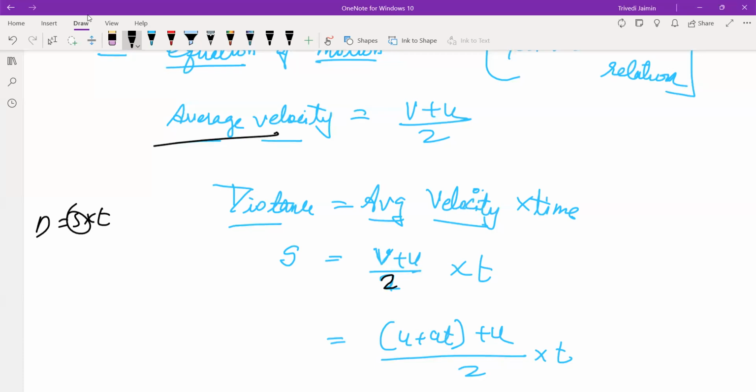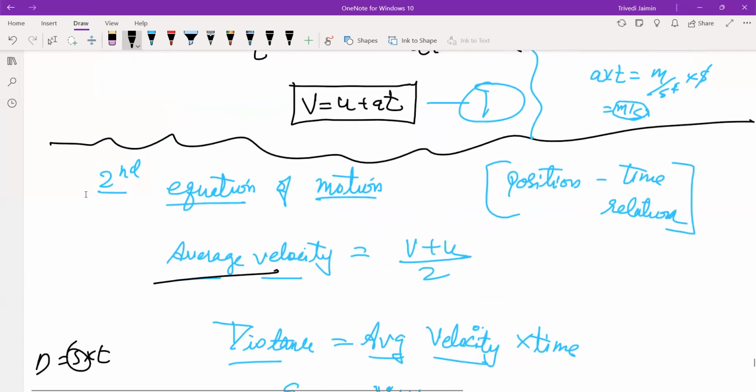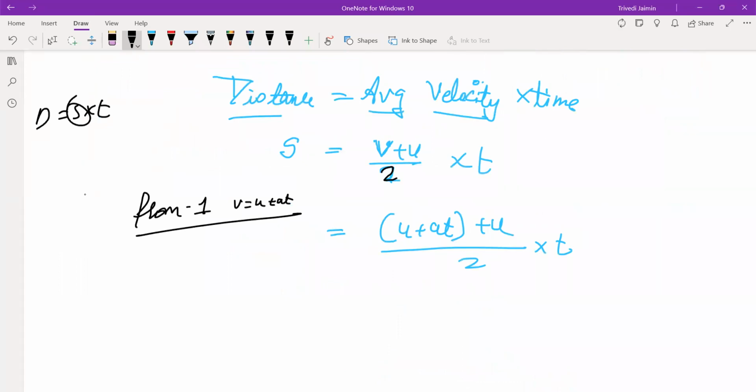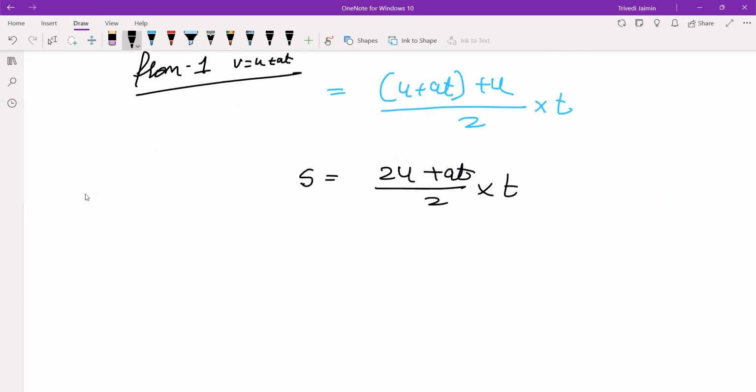So let's substitute the V value from equation 1: V equals U plus AT. Then it will be 2U plus AT by 2 into T. Multiplying T inside, U T plus half AT square.